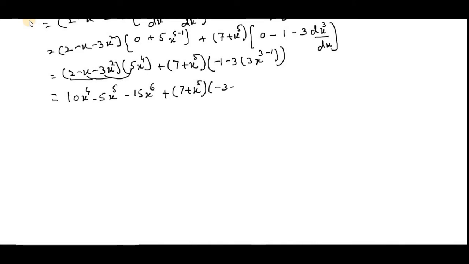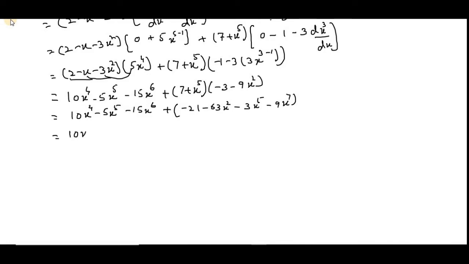So 7 plus x raised to power 5 times minus 1 minus 9x raised to power 2. 10x raised to power 4 minus 5x raised to power 5 minus 15x raised to power 6 minus 7 minus 63x square minus x raised to power 5 minus 9x raised to power 7.